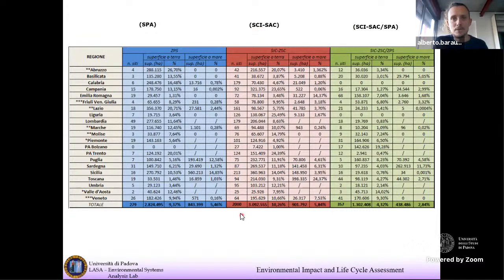So, for example, in Italy, we have 2,000 sites protected under the habitats directive, 279 sites protected under the birds directive, and 357 sites protected under both directives.